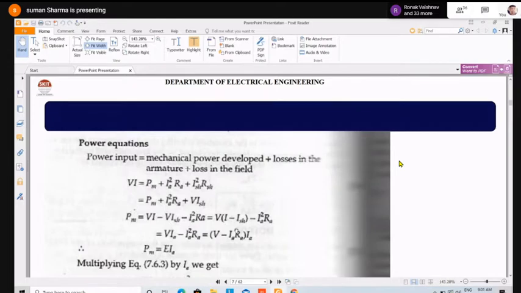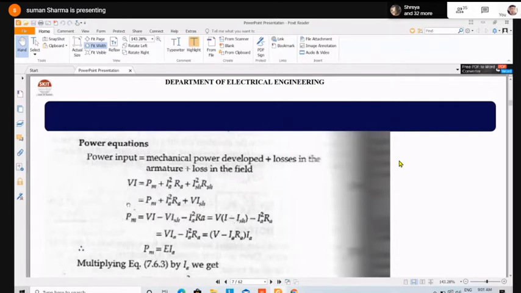What is I minus ISH? Your total current is I. It was split into two currents, armature current and shunt current. So I minus ISH is IA. When you applied the KCL at node A, you got I is equal to IA plus ISH. Therefore, I minus ISH is IA.